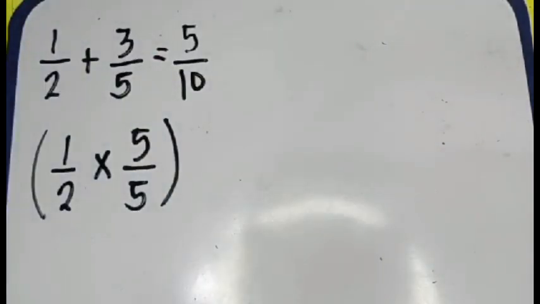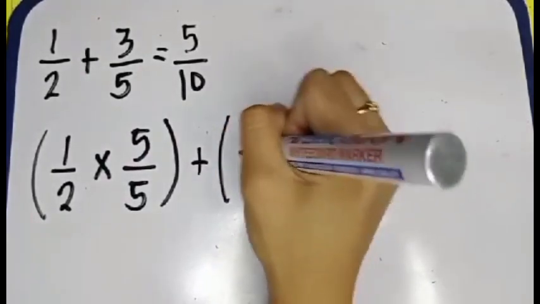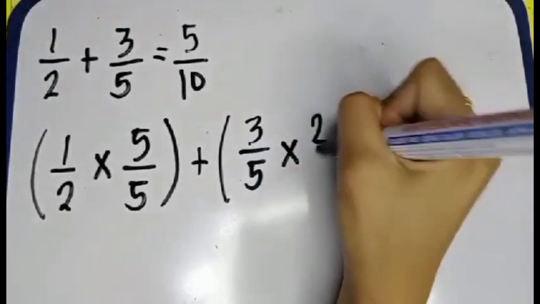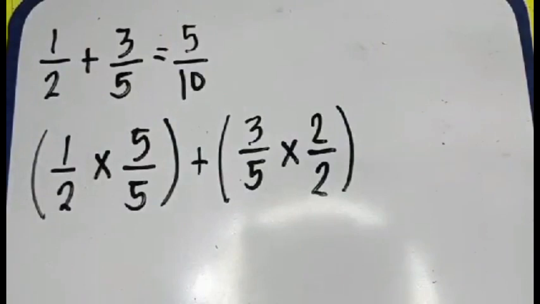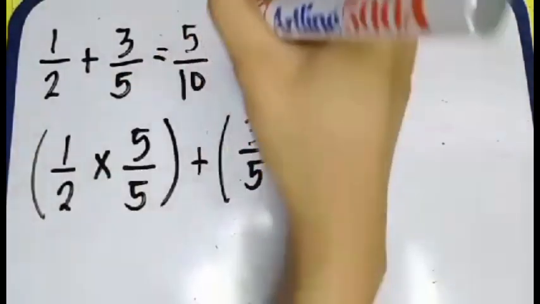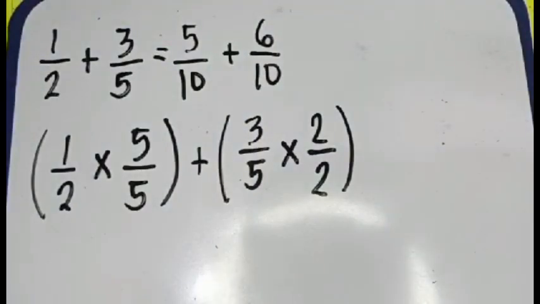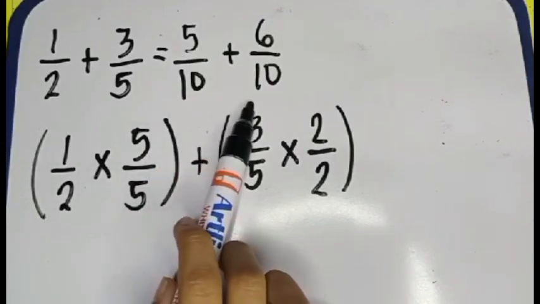Same process lang, pero ang 3/5 is multiplied by 2 over 2. And we have 6 over 10. We now have a similar fraction, which is 5 over 10 plus 6 over 10.